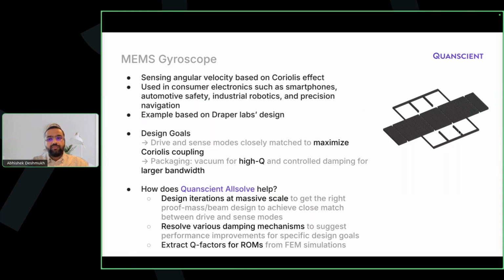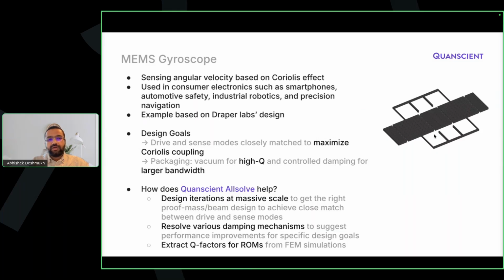Packaging environments can have impact on the performance of the device, performance measured by the quality factor. So depending on the requirements and performance metrics, you can control these factors like quality factors and bandwidth. And these are goals when you want to design the gyroscope.